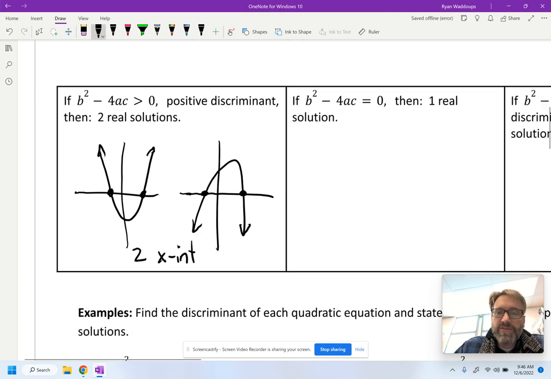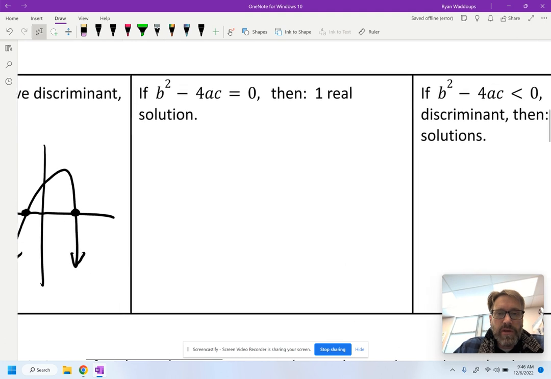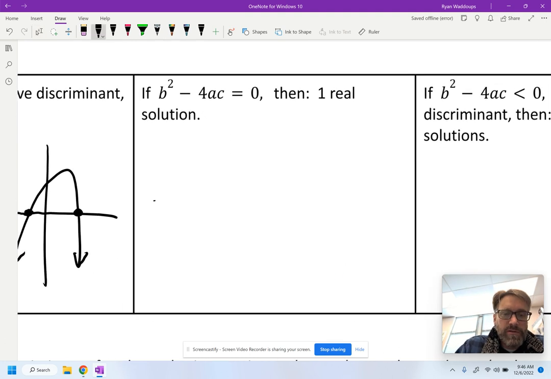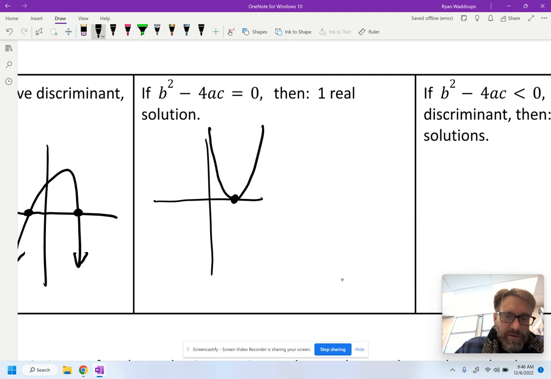If b squared minus 4ac equals 0, then you have one real solution. And this is what that might look like. It's going to come down, it's going to have one place where it touches the x-axis, and then it's going to turn around and go the other direction.